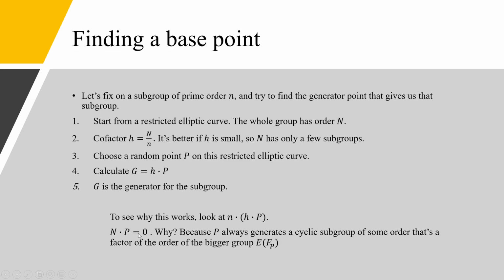I say that capital N dot p equals 0. Why? Because this is how we define the order of the group. So we can start with some point p, and we saw that it generates a cyclic subgroup of some order, and that cyclic subgroup has an order which is a factor of capital N. So even if you do it capital N times, we'll still end up with 0.